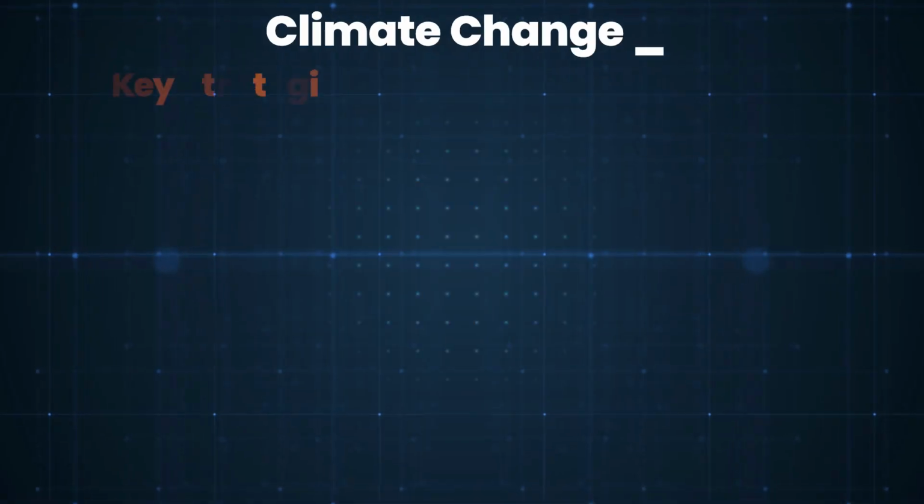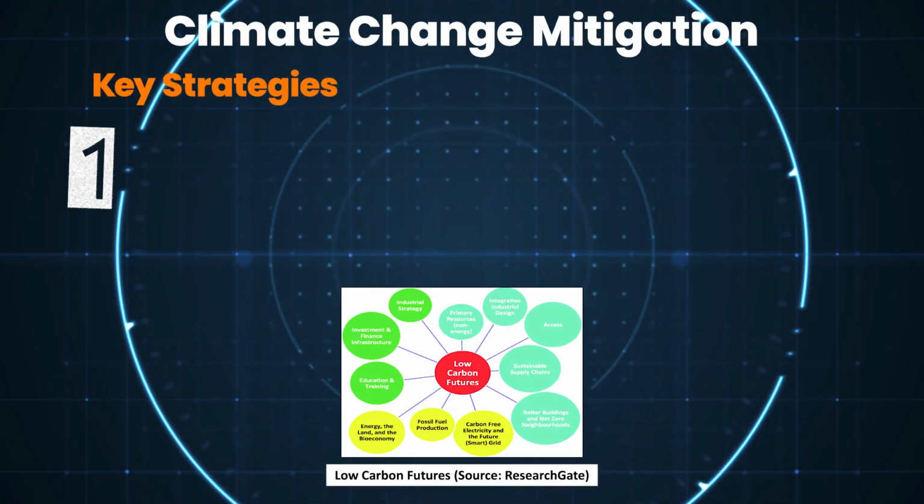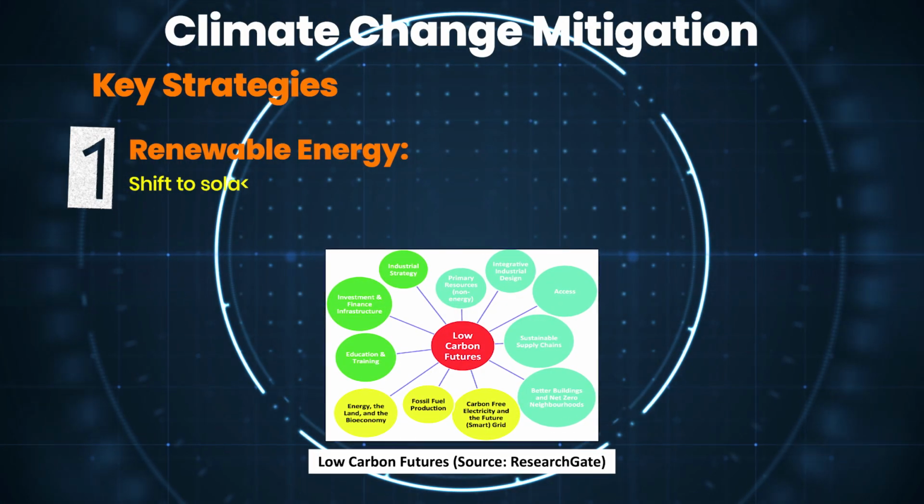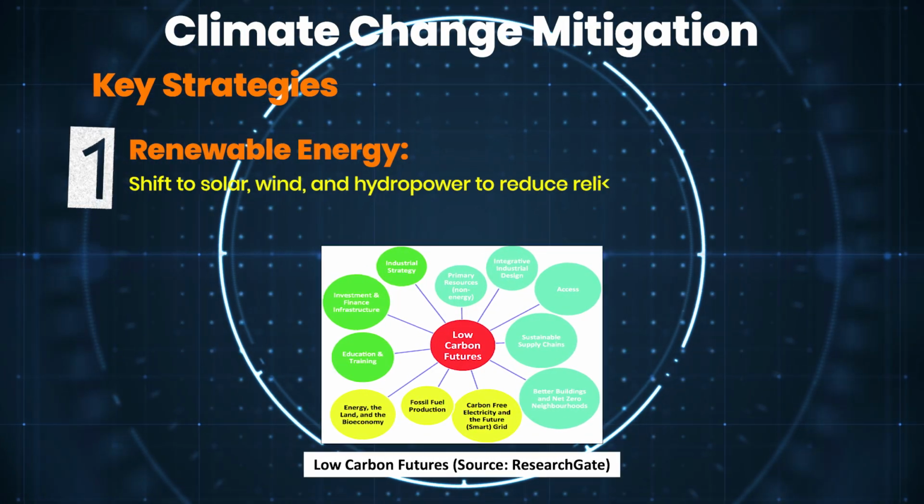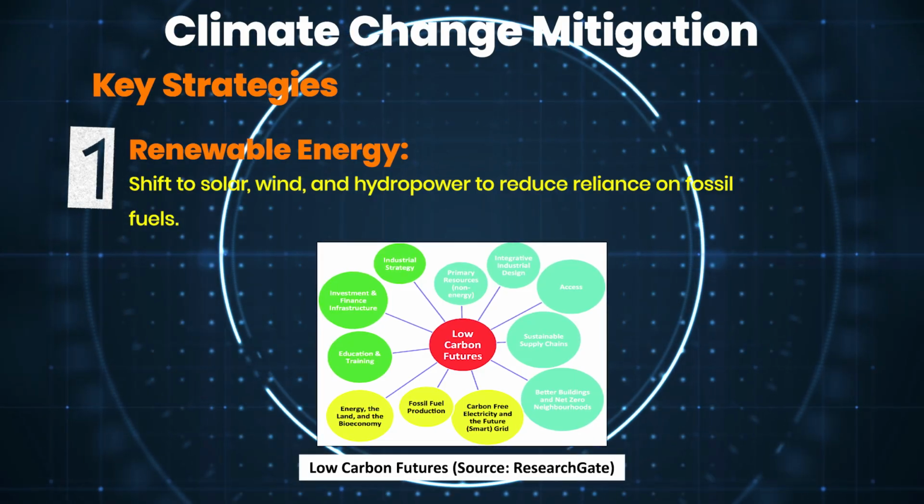Next point to discuss is climate change mitigation. Under climate change mitigation, the focus is on reducing the drivers of climate change by cutting down greenhouse gas emissions and enhancing carbon sinks. The strategies for that are: number 1, renewable energy, shifting to solar, wind and hydropower to reduce reliance on fossil fuels.